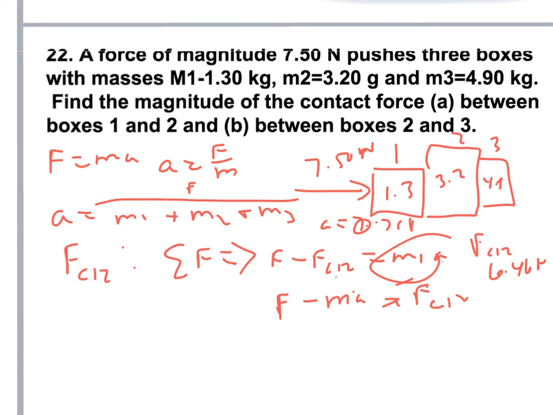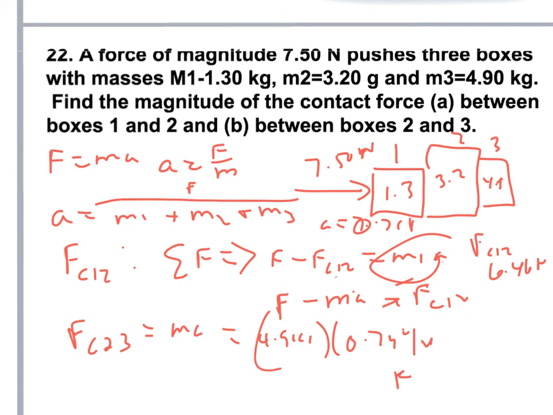And then for the next one, the third box is what we want to find. So that's the contact force between boxes 2 and 3, and that's going to equal our ma. So we wind up with just substituting m in, 4.9 kilograms times 0.79, and that's in meters per second squared.